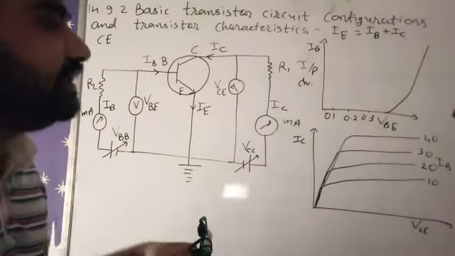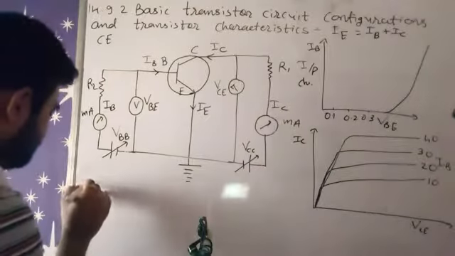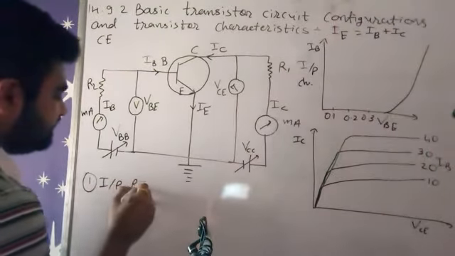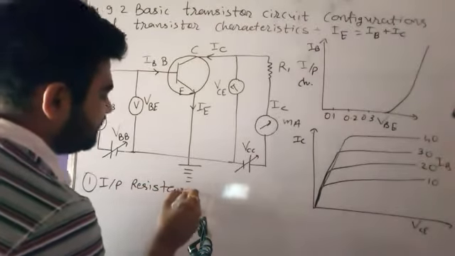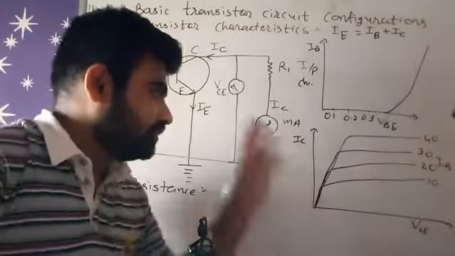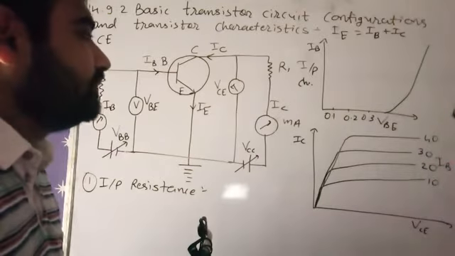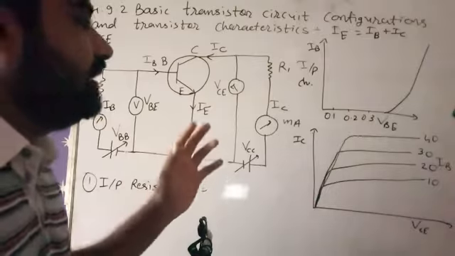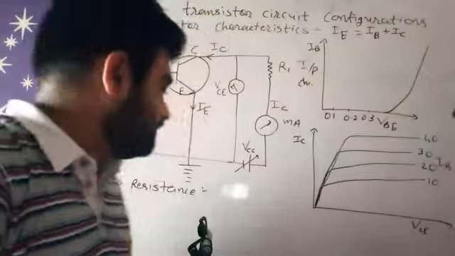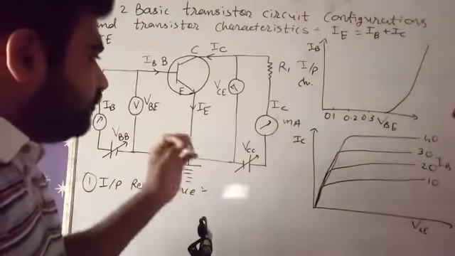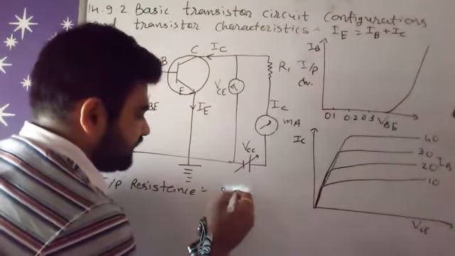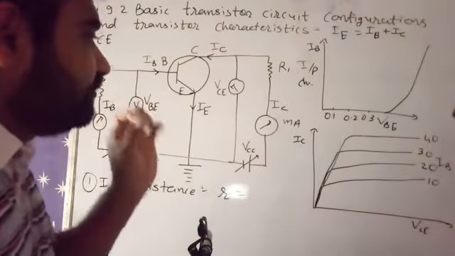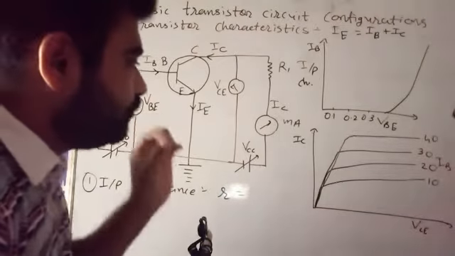Now we have different terms like input resistance. How can we find input resistance? We can't just put Ohm's law and get the resistance, because here no graph and no circuit follows Ohm's law. So we write R for resistance.